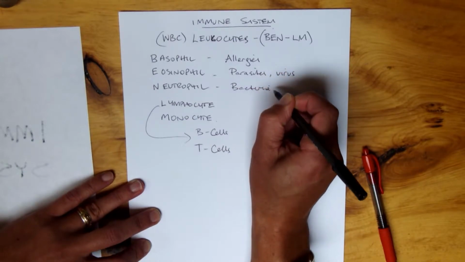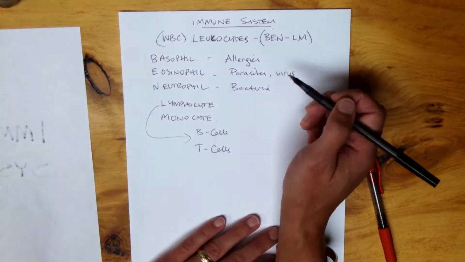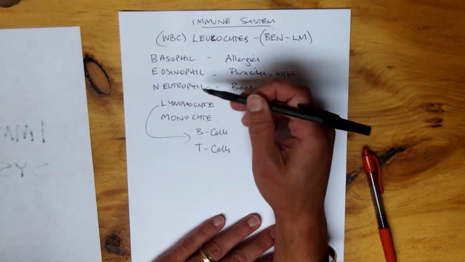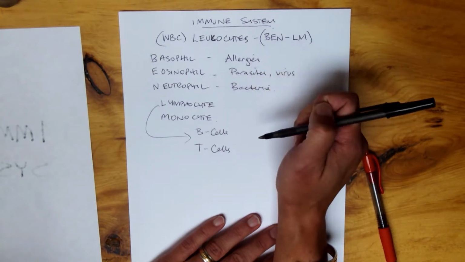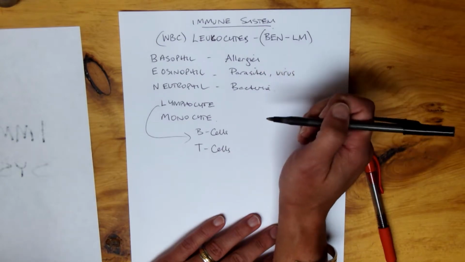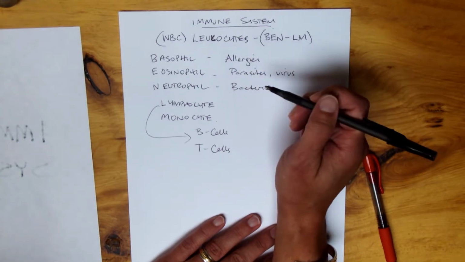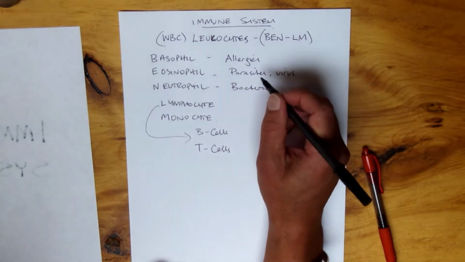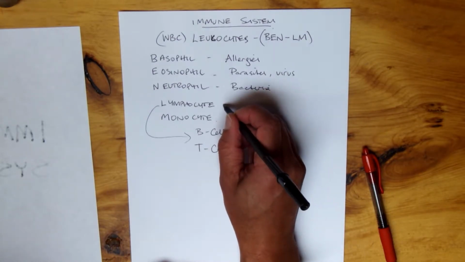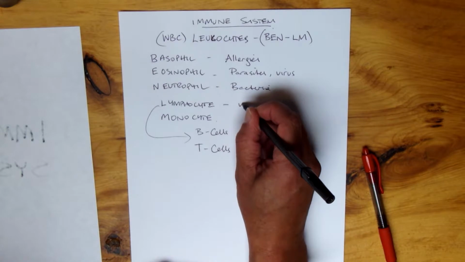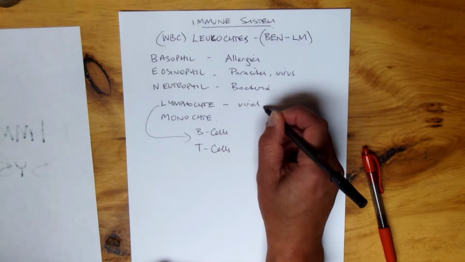So these are the main pathogens that will enter the body, and the responses from the white blood cells will be: the neutrophil addresses more the bacteria, eosinophils address parasites and viruses, and basophils address the allergic reactions, right? When we're thinking about the lymphocyte here, that is more viral kind of conditions, right?